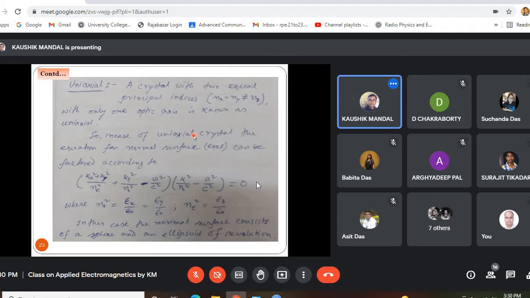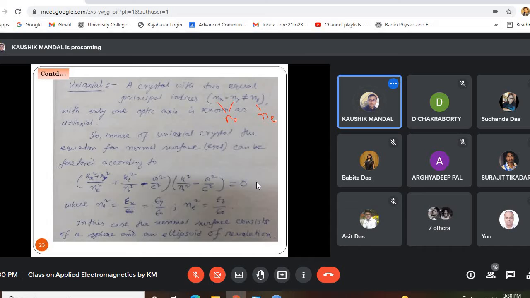Now you have to consider the basic equation of the normal surface, that is equation number 1 that we discussed in the last class. On that equation, you have to put two conditions: in place of nx and ny, as they are equal, you put no, and for nz you put ne.